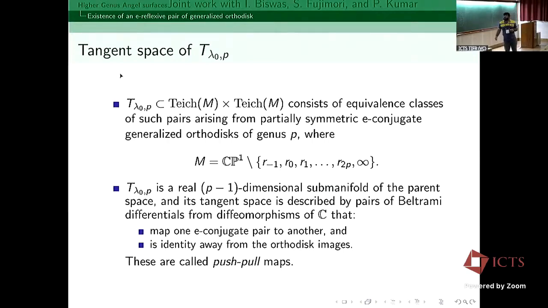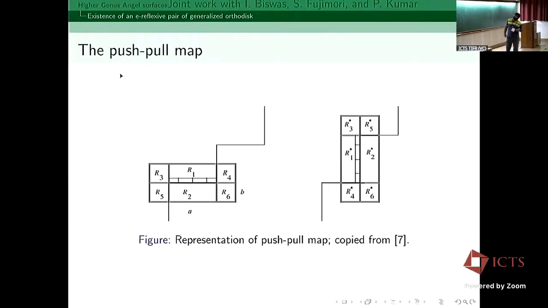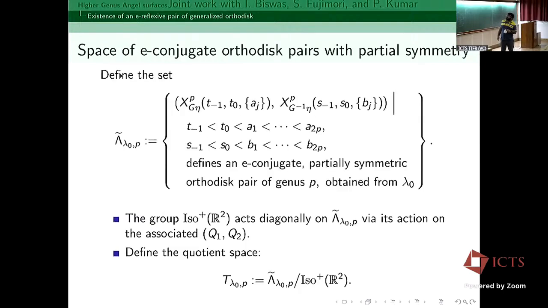It is actually more than a subspace. It is a p minus 1 dimensional submanifold of this space, and its tangent spaces are realized by diffeomorphisms of C which push the edge pairs of the two different orthodisks. So we have an edge of the staircase here, and the corresponding edge of the staircase here.